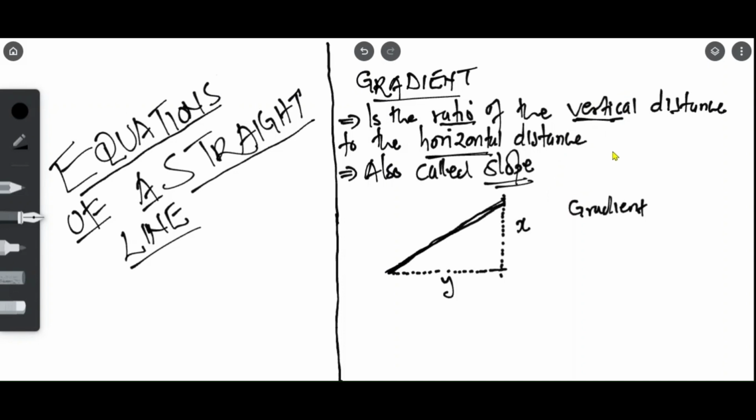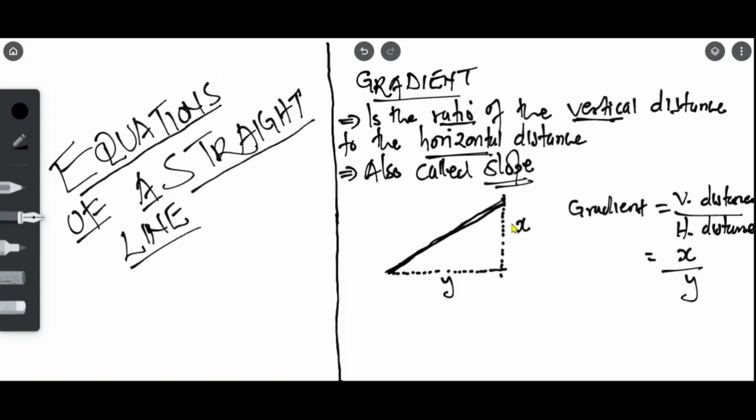And now that ratio can be written as a fraction. Gradient is equal to the vertical distance all over the horizontal distance. My vertical distance is x, so I'll have x all over the y here.